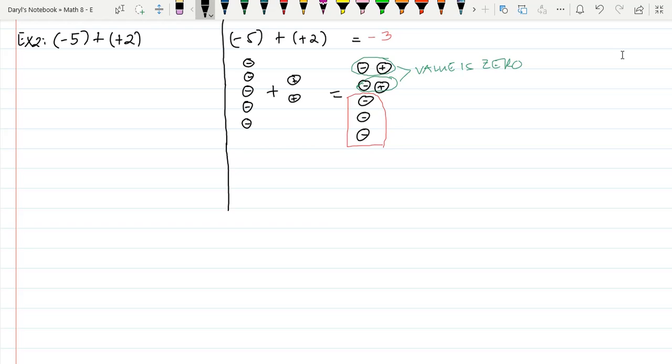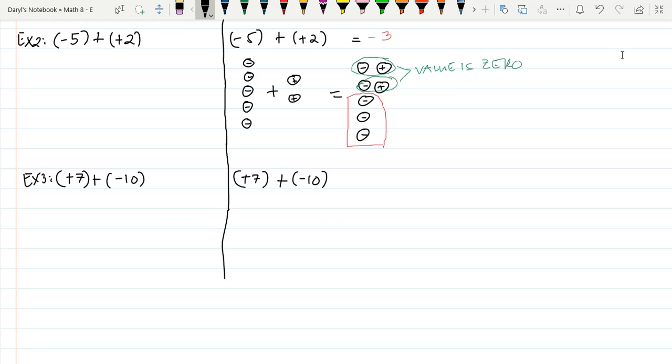So let's take another example. How about if we have positive 7 added with a negative 10? Positive 7 plus negative 10.